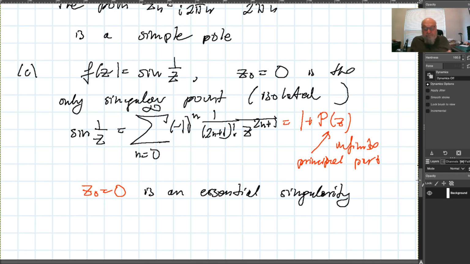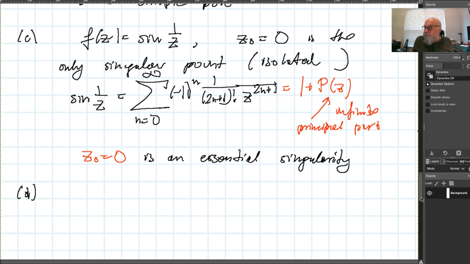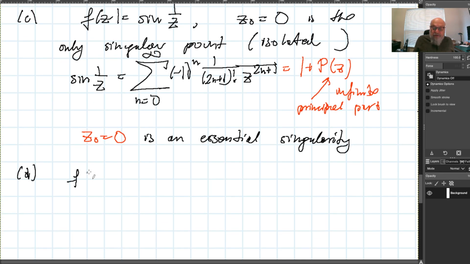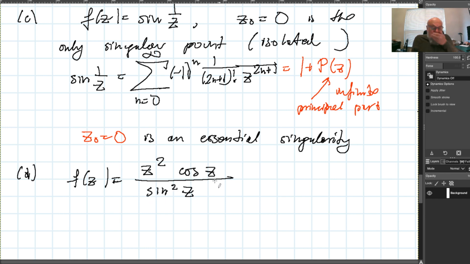Let me look at something different, another example. I put here z to the power 2 times cosine of z, and here I have sine squared z. Here we definitely have infinitely many singular points.